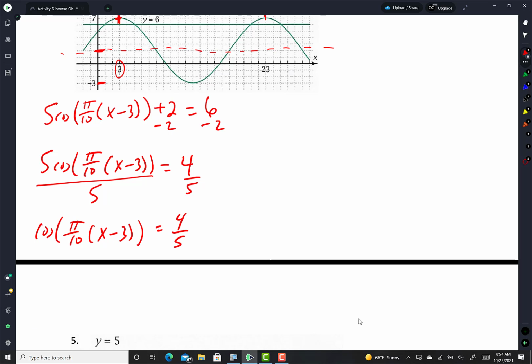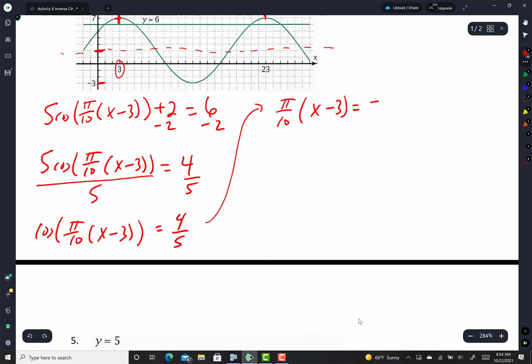What's my next step, guys? I take the inverse. Inverse cosine. So I'm going to have pi over 10 times (x minus 3) equals plus or minus, put that plus minus in the front, arc cosine of 4/5 plus 2 pi n. What's the next step? Multiply by the reciprocal, 10 over pi.